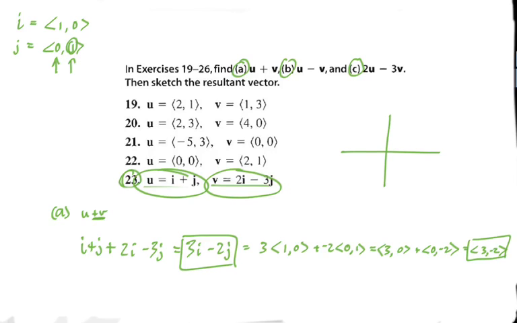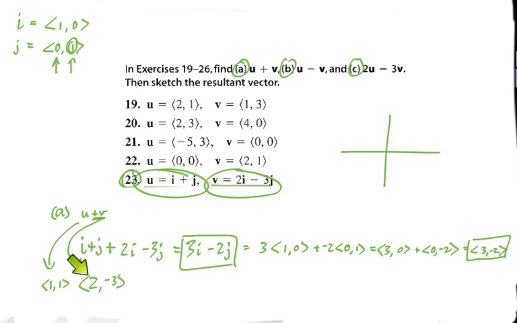Now, what is u? u is 1, 1. That's the vector for u, right? Right, that's what u is, 1, 1, because it's a coefficient of 1 on the i, a coefficient of 1 on the j. And then what is v? What's my v vector? 2, negative 3, right? Right.